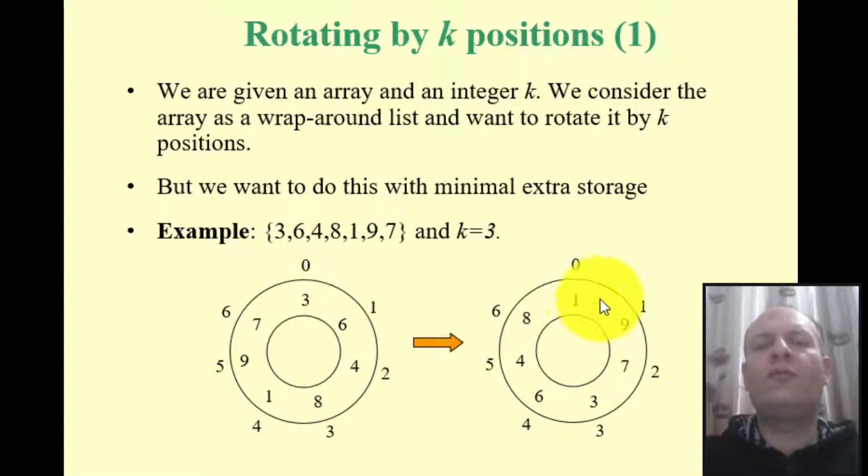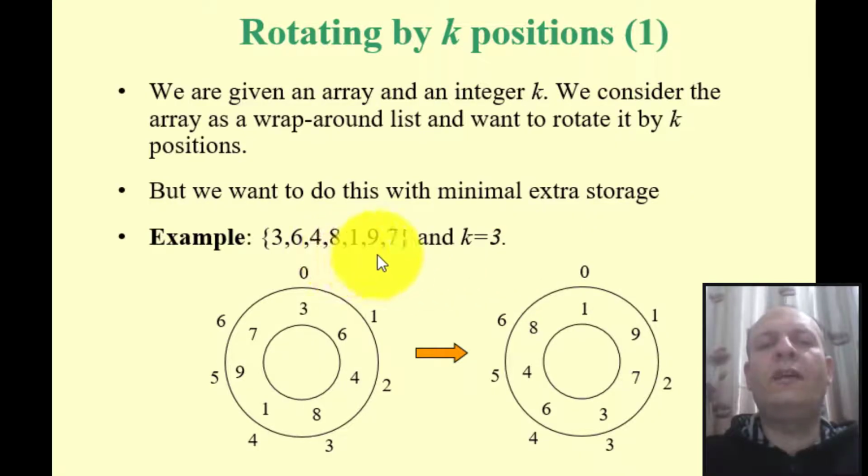So 1 will come to the first as the first element. 9 will come as the next element. So moving the element 1 3 locations to the right means it comes first. 9 will come second. 1, 2, 3. Moving 7 3 locations to the right, 7 will move 1, 2, 3. Will come at position 2.